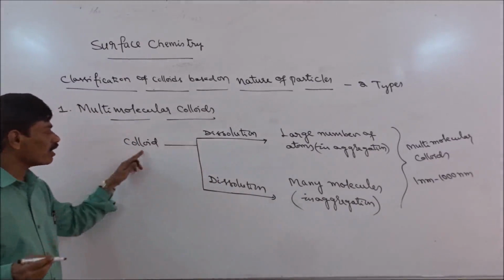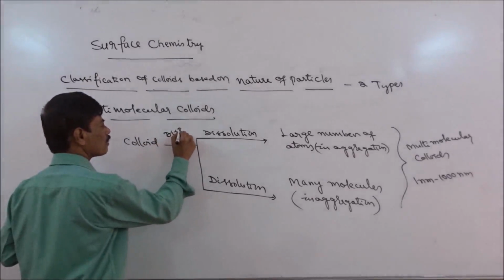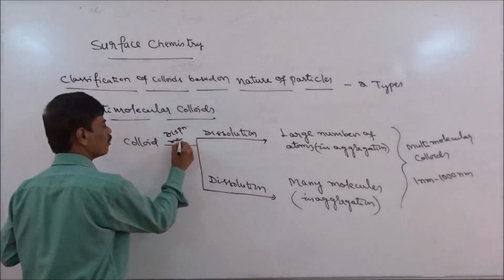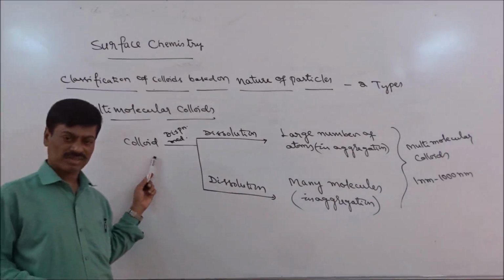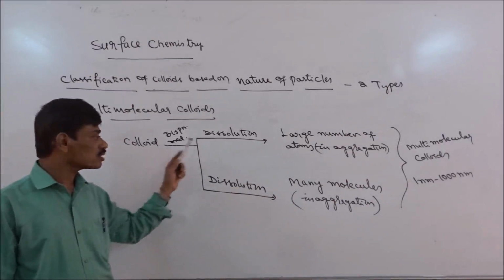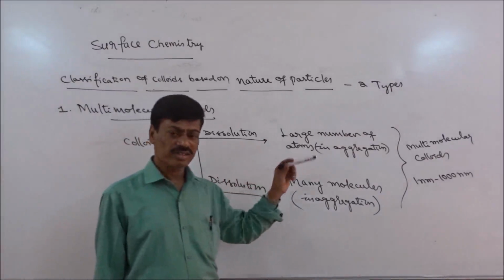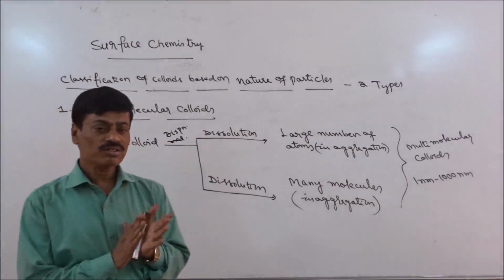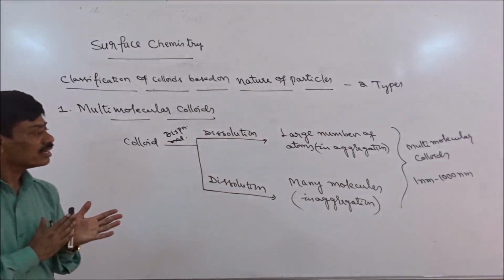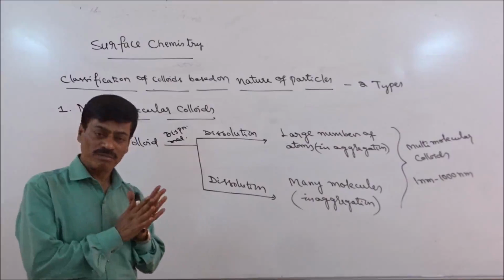To such a colloid we need to add dispersion medium. When dispersion medium is added to such a colloid, that colloid undergoes dissolution to form atoms in aggregation or molecules in aggregation. That phenomenon is said to be the multimolecular colloids formation.